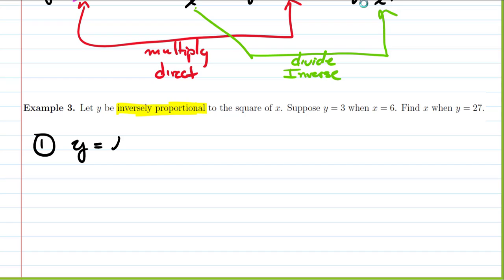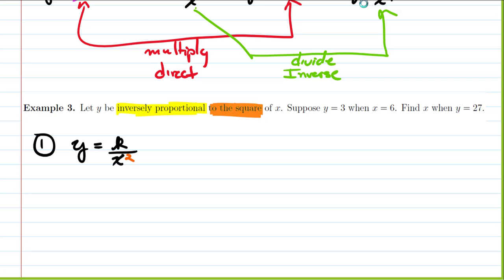So they always start off as y equals k, and then inverse proportionality tells us we're going to divide. But then we have an extra modifier. It is inversely proportional to the square of x. So we have x, but we've modified it with an exponent of 2. So now we have our variation equation.